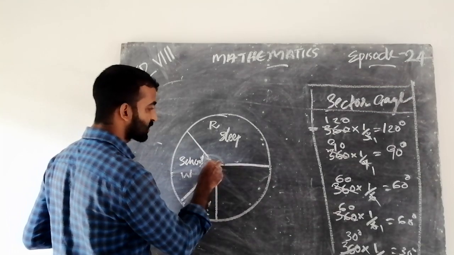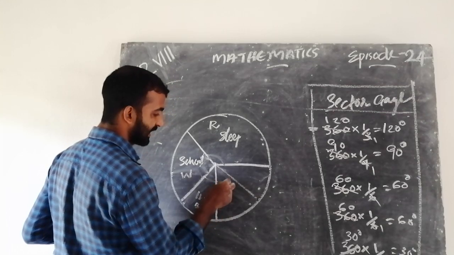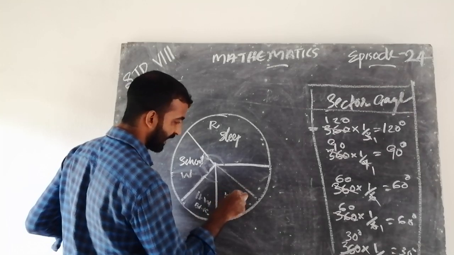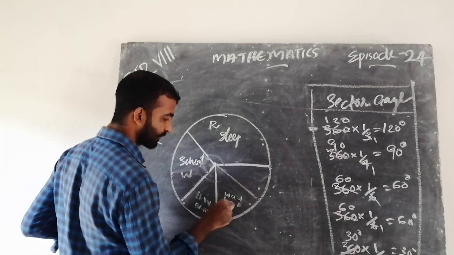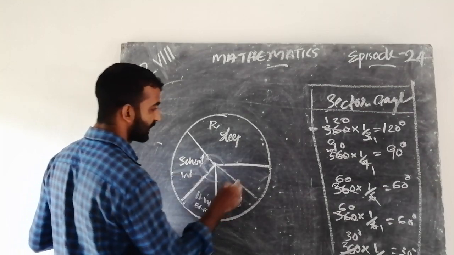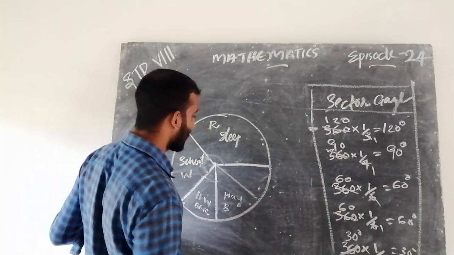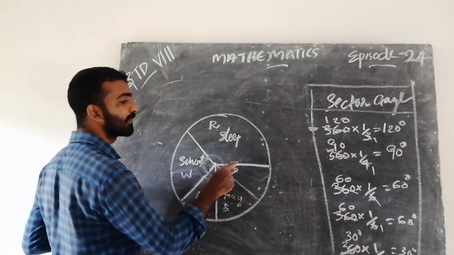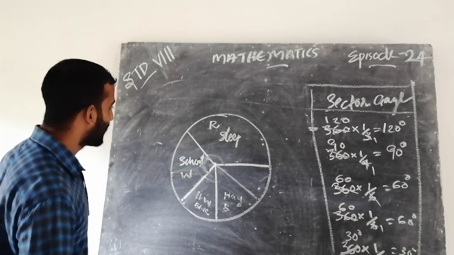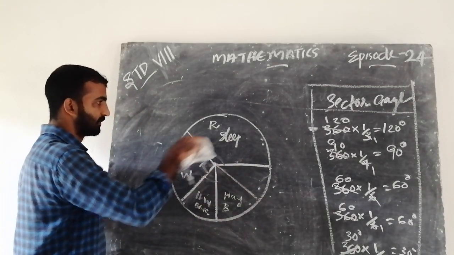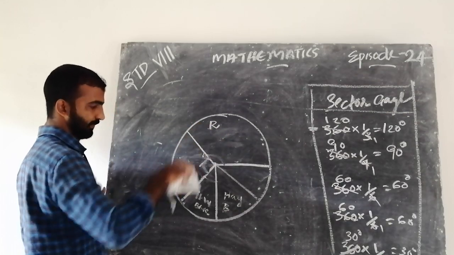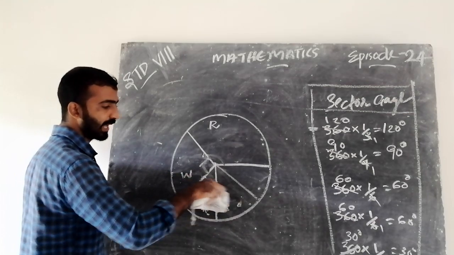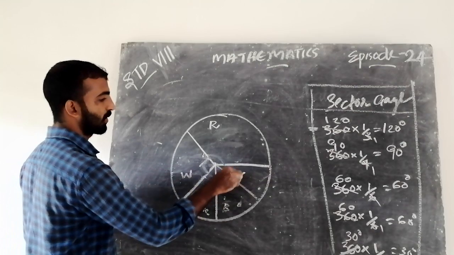Next also 60 degrees, that is play, and we give it black color. And next is others, 30 degrees. So this is 120, 90, 60, 60, 30. This is the red color, this white, this blue, this black, and this yellow.